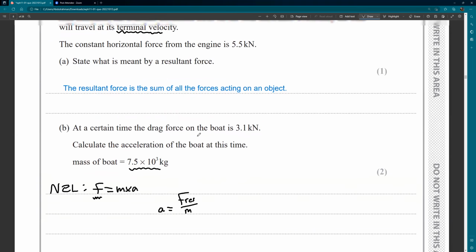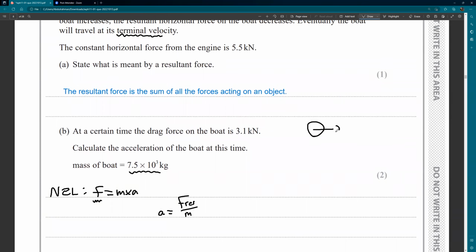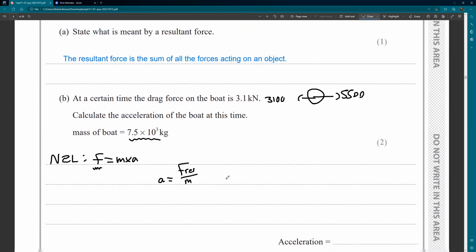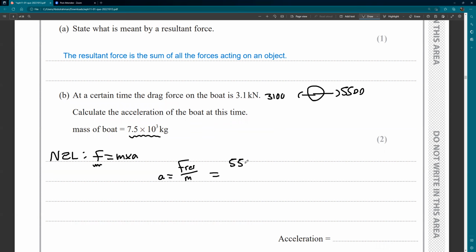Well, what is the resultant force? I know I have a forward force of 5,500 and a backwards force of 3,100. So the resultant force is just going to equal 5,500 minus 3,100. And now you have to divide by the mass, and the mass is 7.5 times 10 to the 3 kilograms.